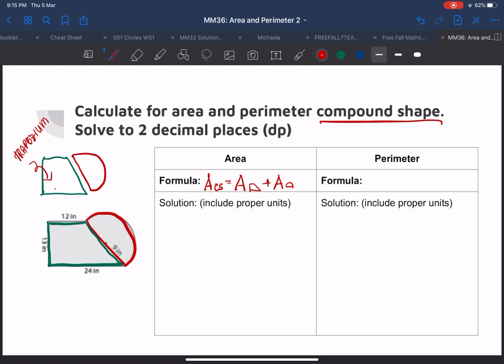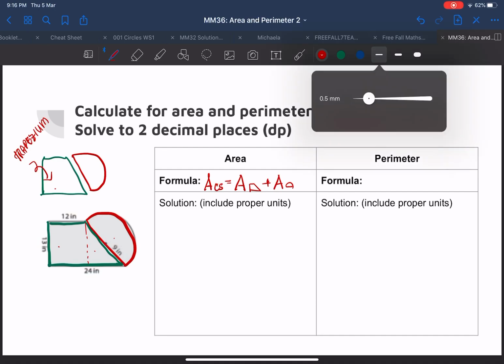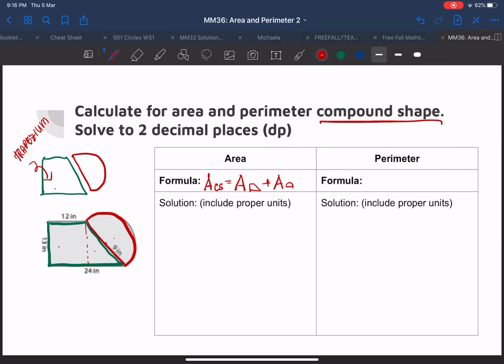Now some of you did it the long way and put a line over here. Now you have three shapes: a rectangle, a triangle, and a semicircle. But either way you will come out with the same answer. So let's continue.